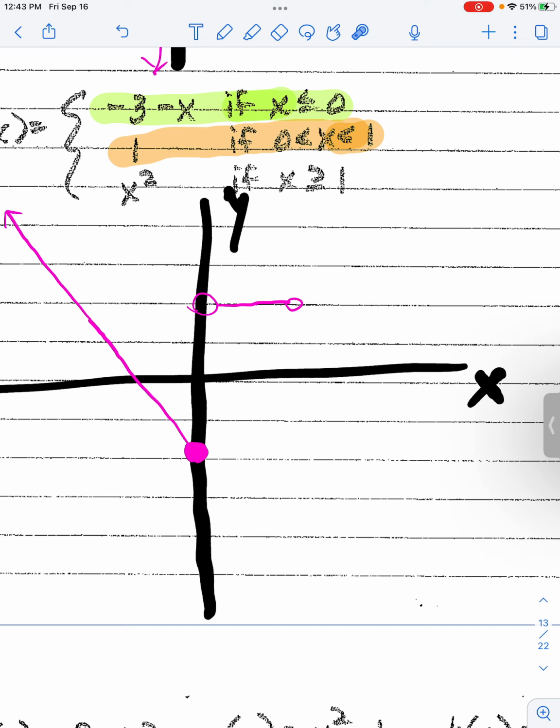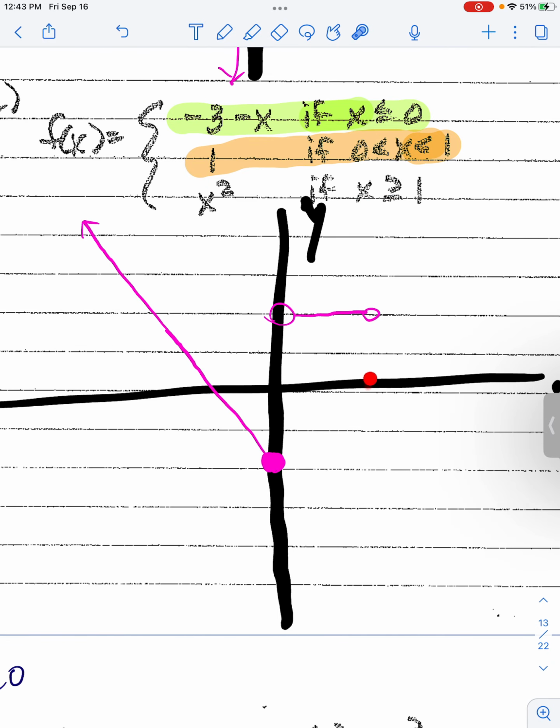And then f of x equals x squared if x is greater than or equal to 1. So 1 squared equals 1. So here I actually am going to fill this in because of this third piece. And then it looks like a parabola from there. X is greater than or equal to 1.